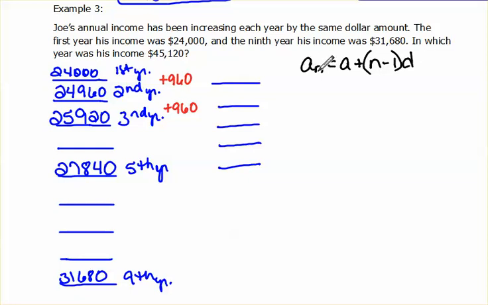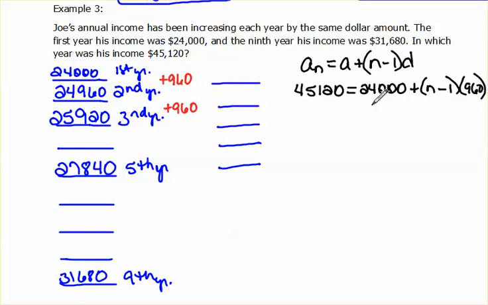So here in this case, we want a sub n, or that last term there, to be 45,120 equals a, which is our first term, which was 24,000, plus n we don't know, so we have to leave that as n, minus 1 times the common difference, which in this case was 960.